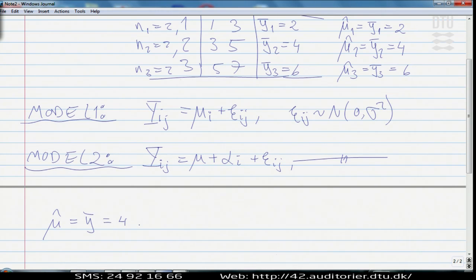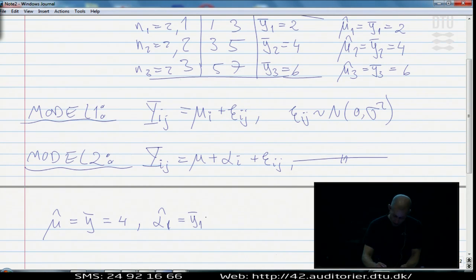Then I would estimate alpha 1 hat as y1 bar minus the overall average, which would be 2 minus 4, that is minus 2. Alpha 2 hat would be 4 minus 4, 0, and alpha 3 hat would be 6 minus 4, that is 2.